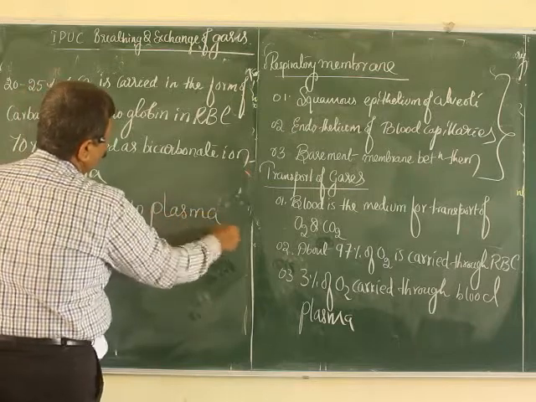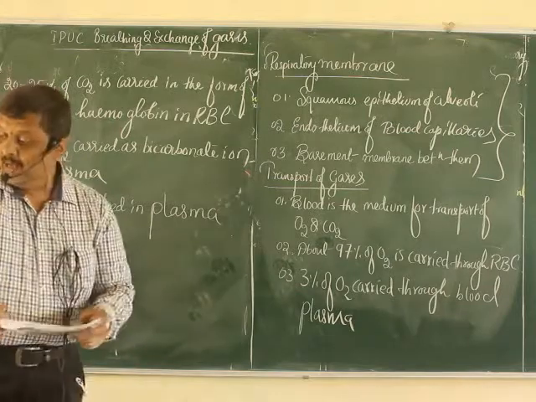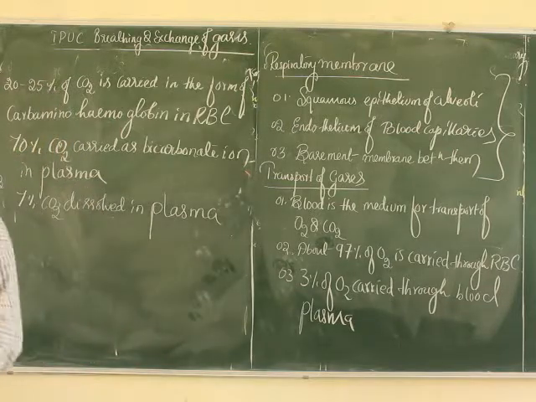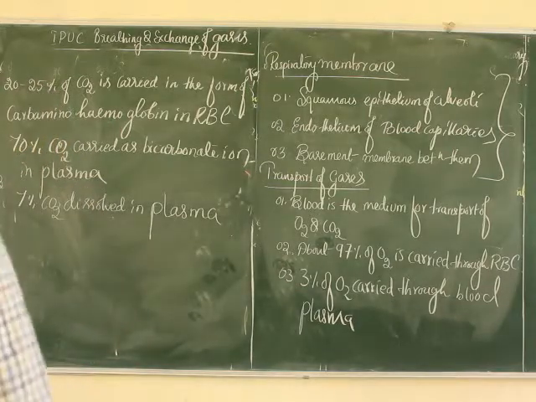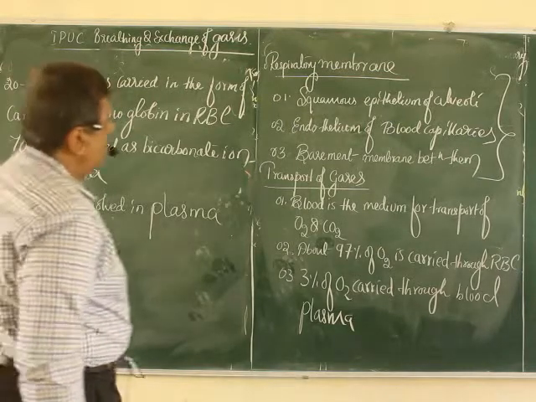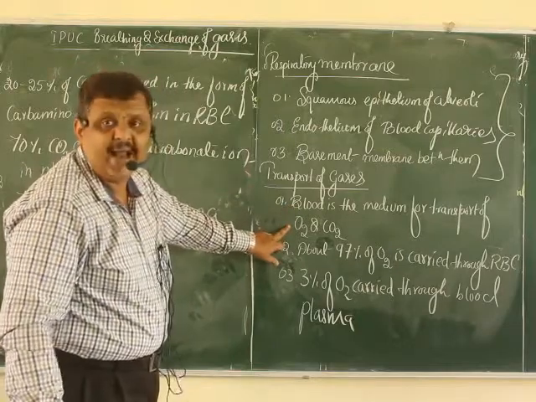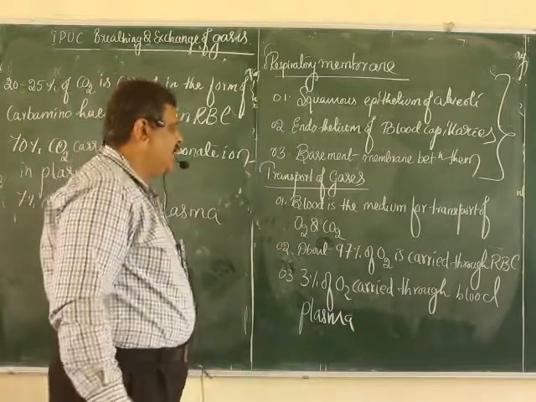These are the statements that you should remember. So, what are the statements here? First one is, blood is the medium for transport of oxygen and carbon dioxide.